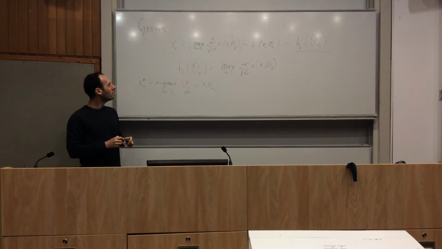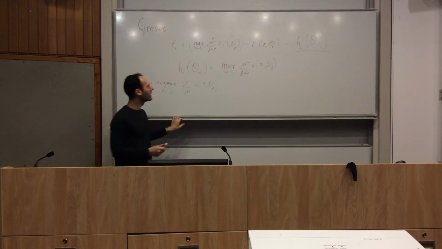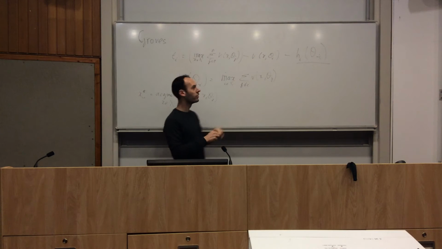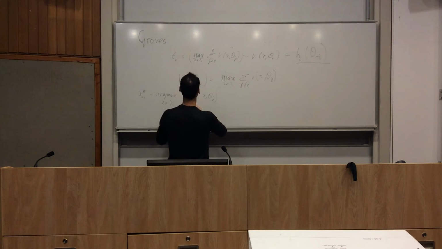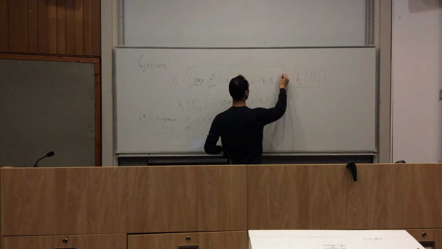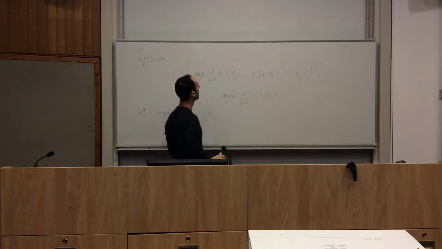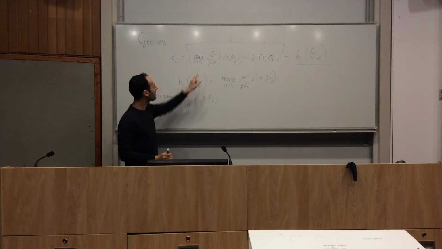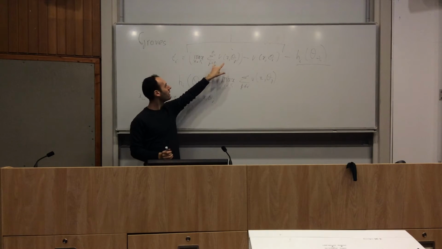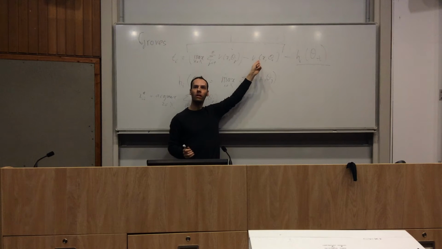So even though these things look very similar, these things are not the same. This part here is the allocation where agent I is present and taking out his value, his utility.